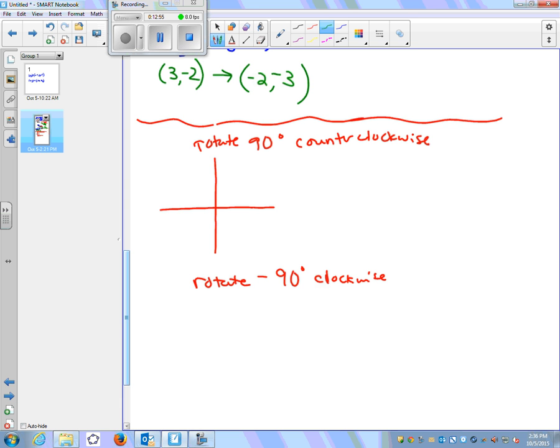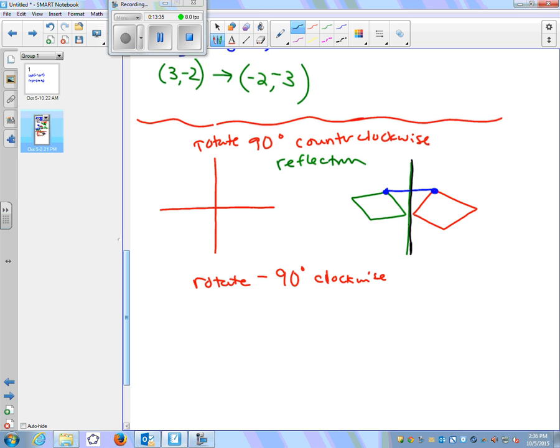Reflection. Let's take a reflection. If I reflect this and I connect the pre-image point to the image point, this line of reflection is doing what to that segment?